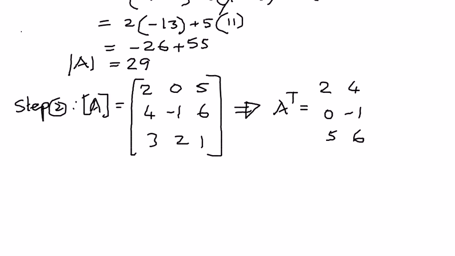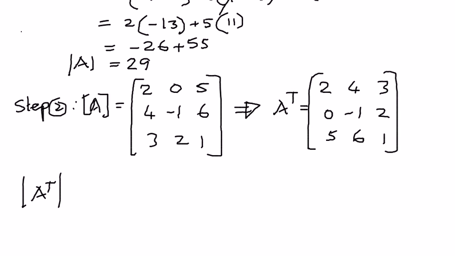The third row is 3, 2, 1, and that is going to be the column in this transpose matrix. So we got the transpose matrix, and to find its determinant, if the value comes out the same as 29, then we have proved this property to be correct.